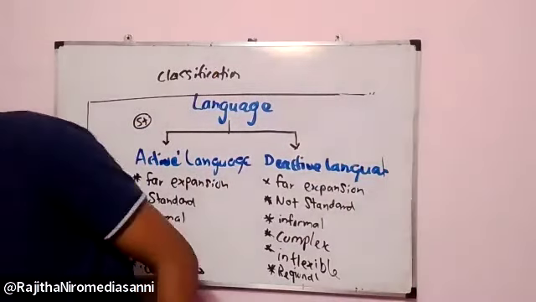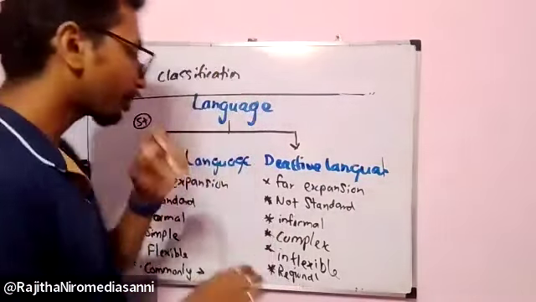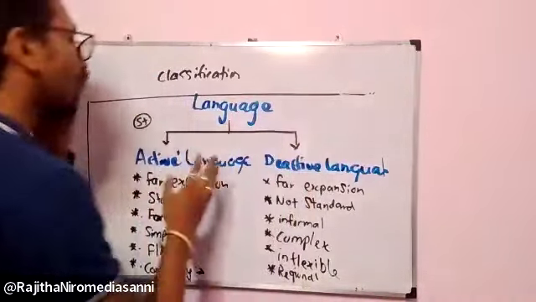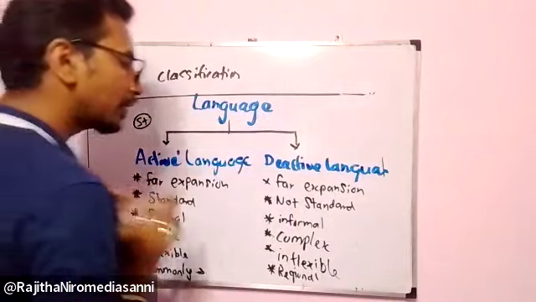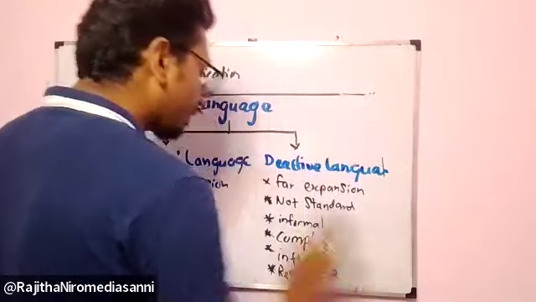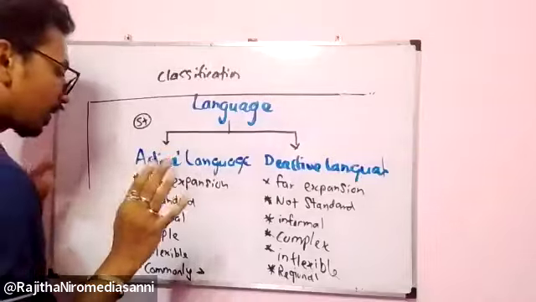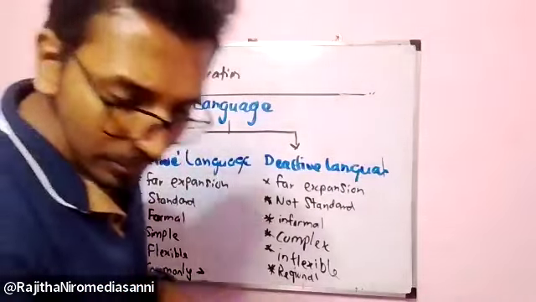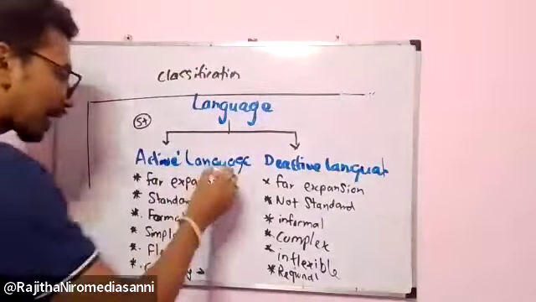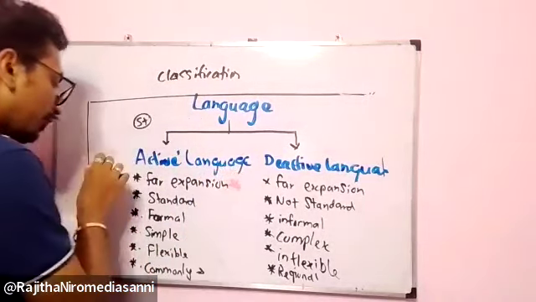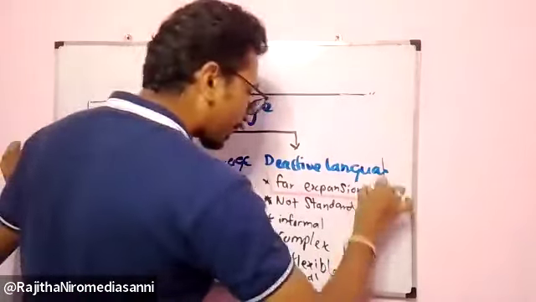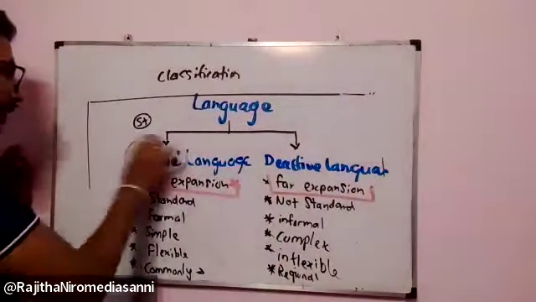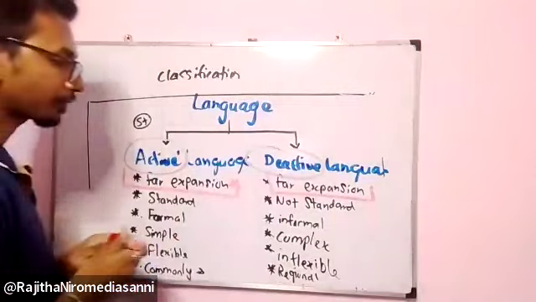So now you know the main two classifications of language. Active languages' ideas are here, deactive or inactive languages' ideas are here. Only one characteristic is common, that far expand idea, for both the active and the deactive.